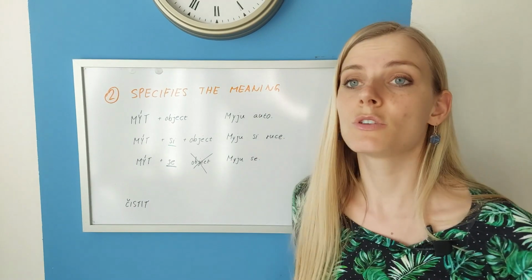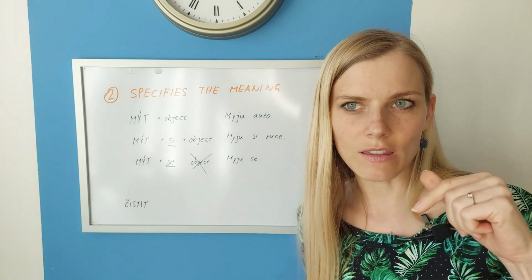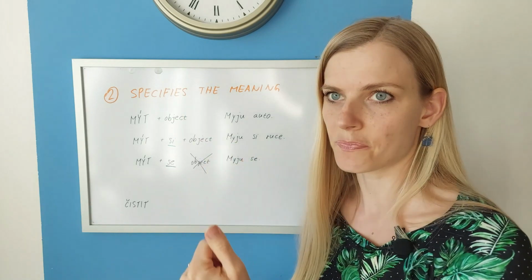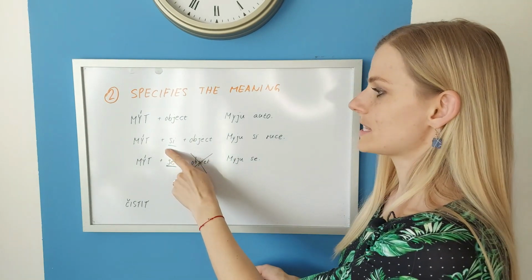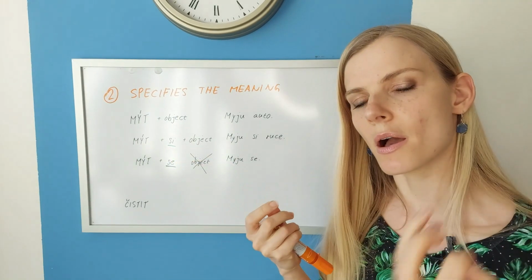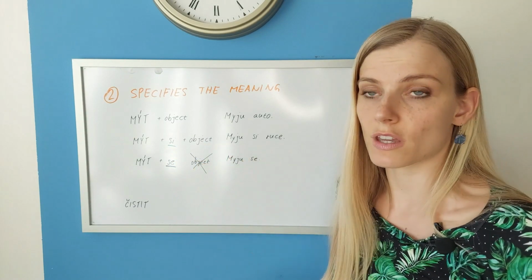Si in this case would work as my, the English my hands. I brush my teeth, čistím si zuby. I wash my hands, myju si ruce. So you use si and that means it's a part of yours or it's your possession, and then you still have to use that object.